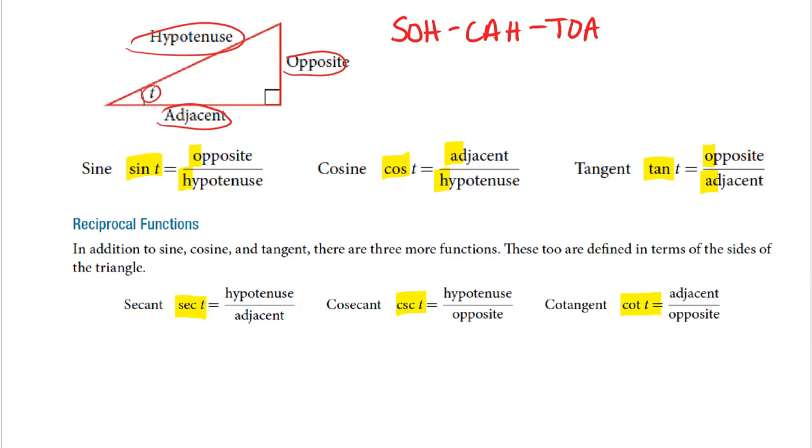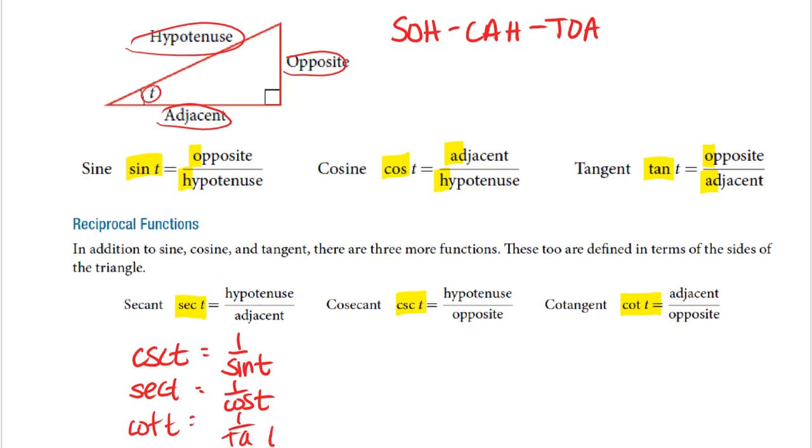So the reason these are called the reciprocal functions is since sine is opposite over hypotenuse and cosecant is hypotenuse over opposite, this means that cosecant t is equal to 1 over sine of t, secant t is equal to 1 over cosine t, and cotangent t is equal to 1 over tangent of t.